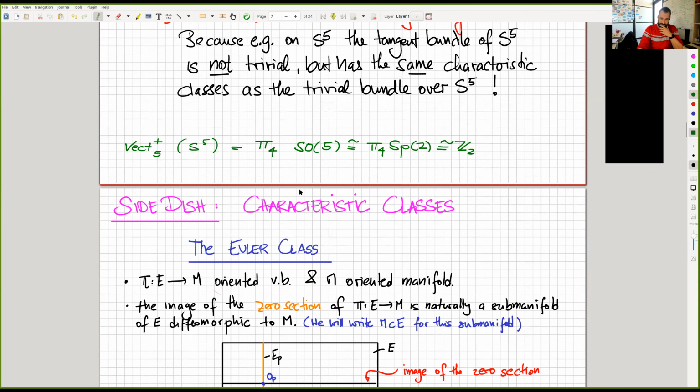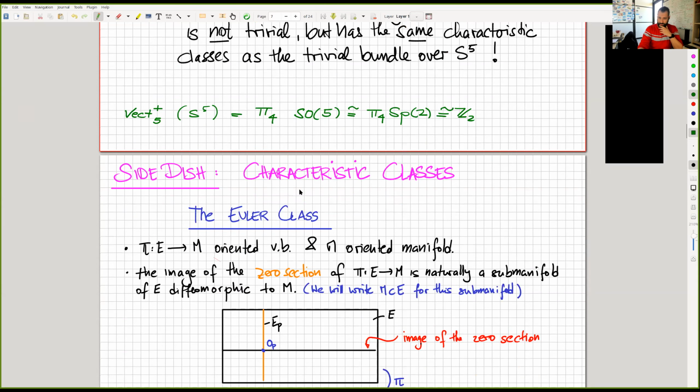Actually, I want only to explain the Euler class and the first degree Whitney class, and it's not the usual way characteristic classes are introduced. It's just my way to do it because it fits my purposes much better, especially for an audience which doesn't have a lot of knowledge about characteristic classes.